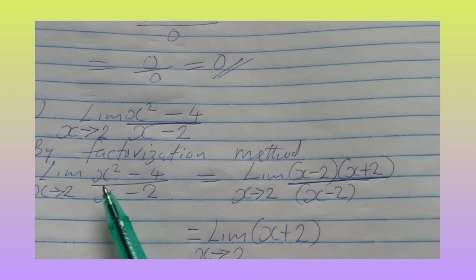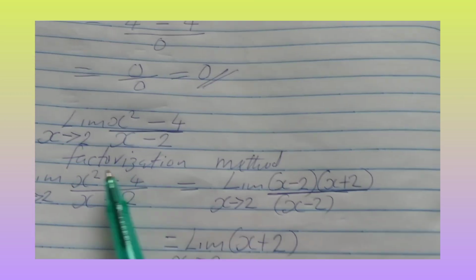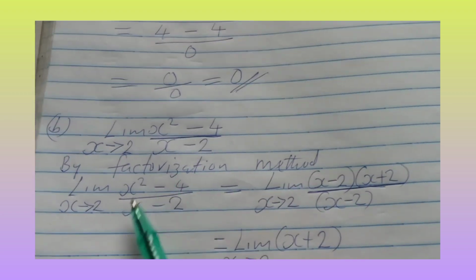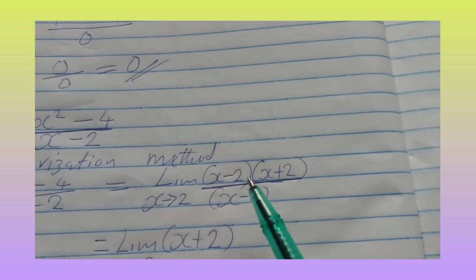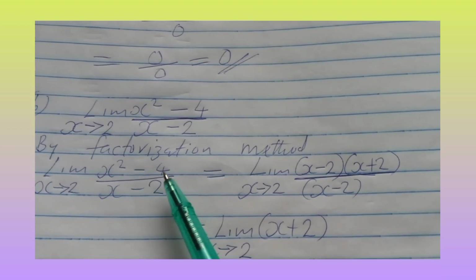How are we going to do it? You know that x squared minus 4 is a difference of two squares. When you factorize it, x minus 2 times x plus 2 is the same thing as x squared minus 4.